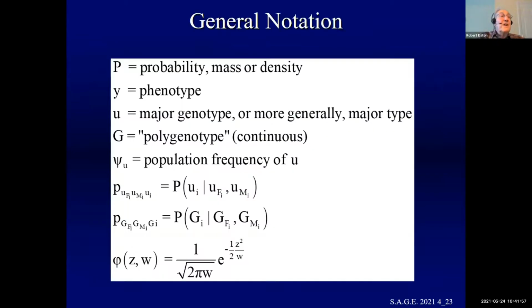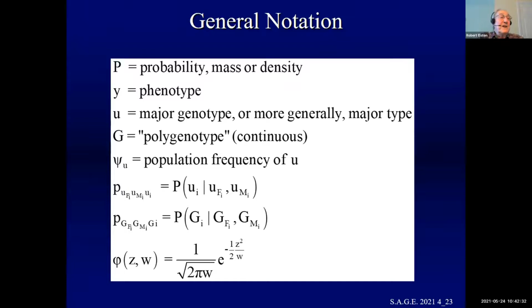So now we'll look at more general notation. P as before is probability, mass, or density. Y is the phenotype. U is the major genotype, or more generally major type. And now we have a polygenotype, capital G, which is continuous. And we have a prior probability for population frequency of U. And then we have, again, this transition probability, but we also have one for the G's.